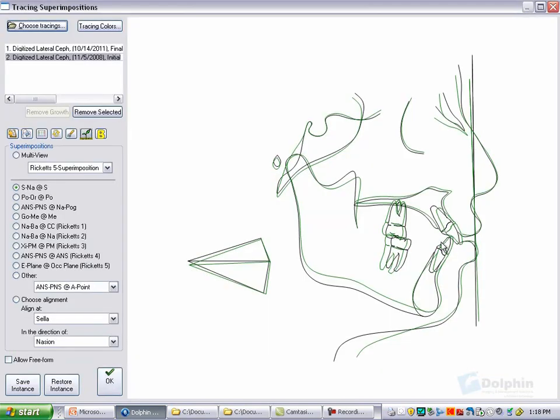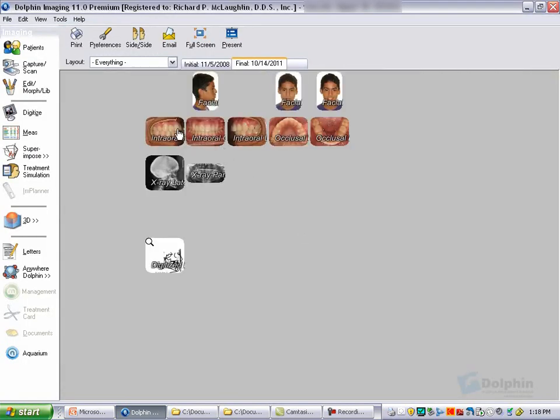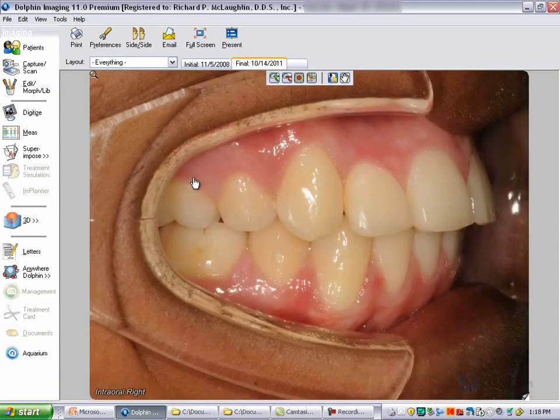And so you can see fairly similar incisor position, a little more torque on the root in the final X-ray. All right, here is his right side occlusion in class 1. Notice that the upper bicuspid is slightly smaller than the lower bicuspid, so he ends up just a little bit class 2 on that side.